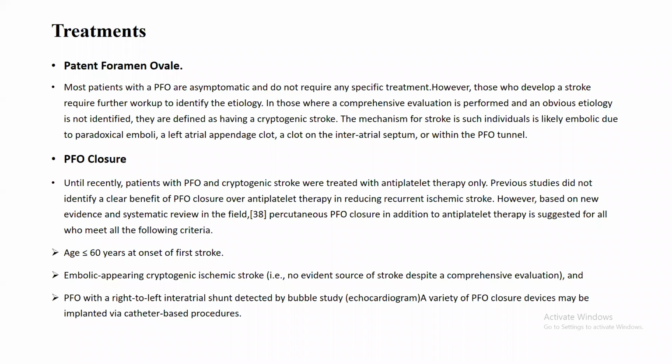However, based on new evidence and systematic review in the field, percutaneous PFO closure in addition to antiplatelet therapy is suggested for all who meet all the following criteria: age under 60 years at onset of first stroke, embolic-appearing cryptogenic ischemic stroke, no evident source of stroke despite a comprehensive evaluation, and PFO with a right to left interatrial shunt detected by a bubble study echocardiogram.